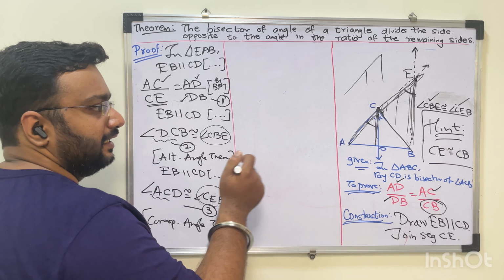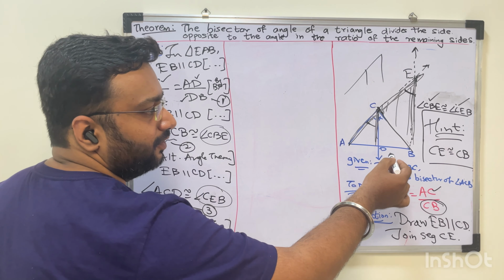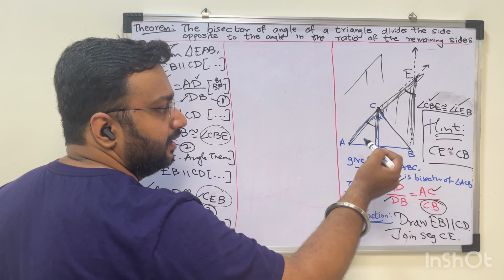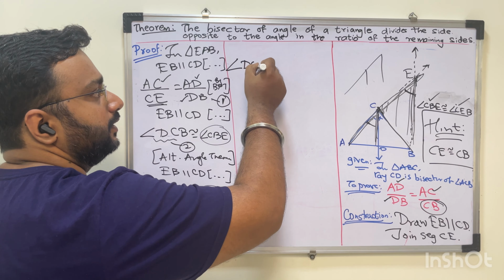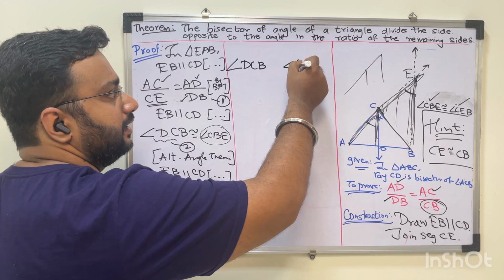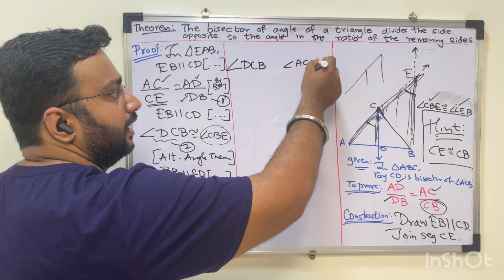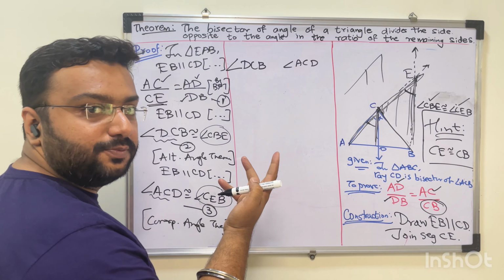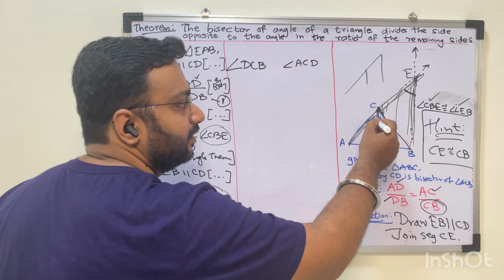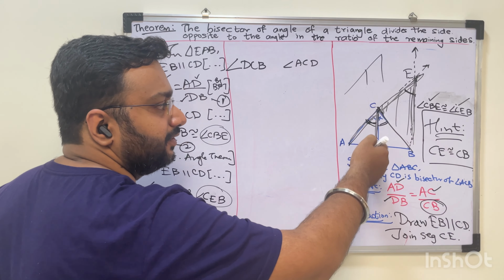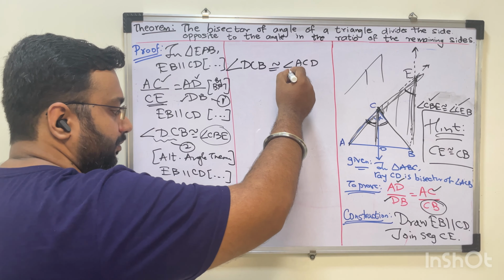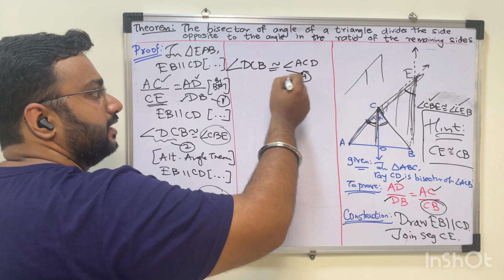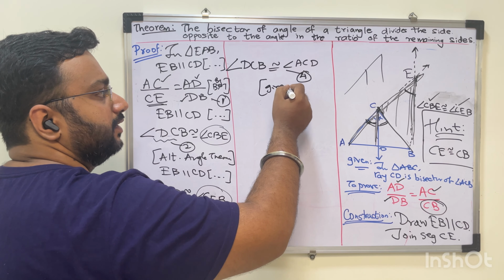See, first is angle DCB. If you observe over here, DCB and the other angle ACD, are they congruent to each other? Just observe. Yes, they are. In the question it is given that it is an angle bisector, so these two angles are congruent to each other. So this will be our equation number 4, and the reason for this will be given, because it is given in the question.